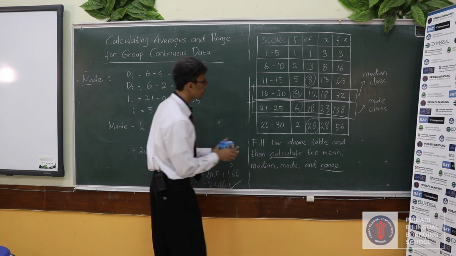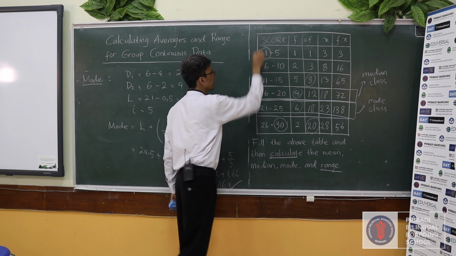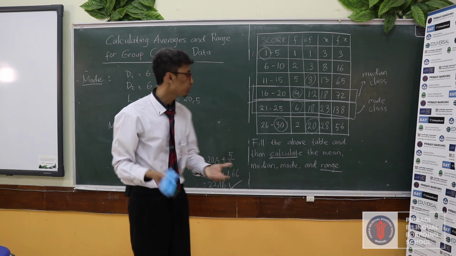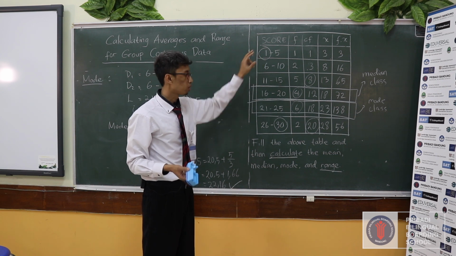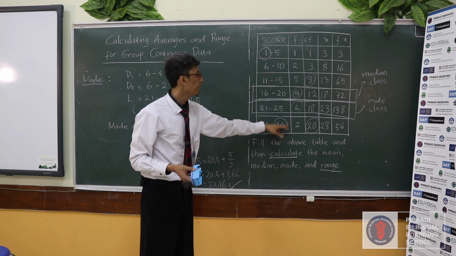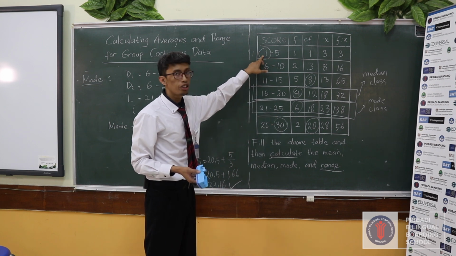So we just concentrate on our values 30 and 1, but we are not going to directly subtract 30 with 1, so it will be wrong. We need to find the upper boundary first and then find the lower boundary in here.